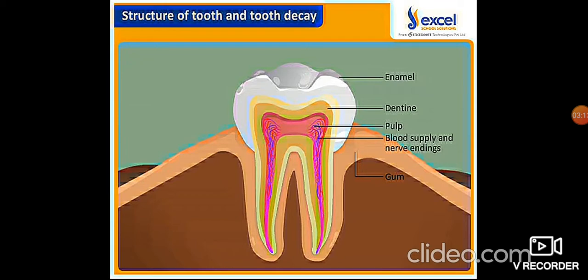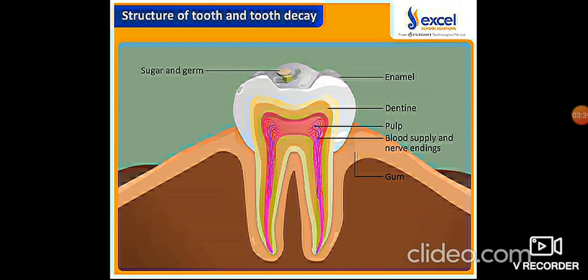In the crown, enamel is the outer portion, the hardest part of the tooth. Second is dentine. Below enamel, we have the dentine layer, and then the nerves and blood vessels are present in the soft part of the tooth, that is known as pulp.